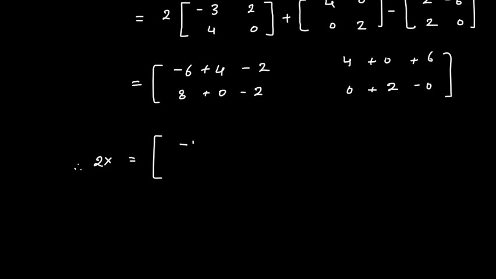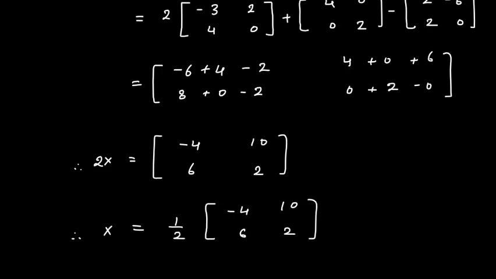So minus 2 is minus 4. 4 plus 6, it is 10. 8 minus 2, it is 6, and 2 minus 0 is 2. So therefore we get the value of x as 1 upon 2, this is minus 4, 6, 10, 2.